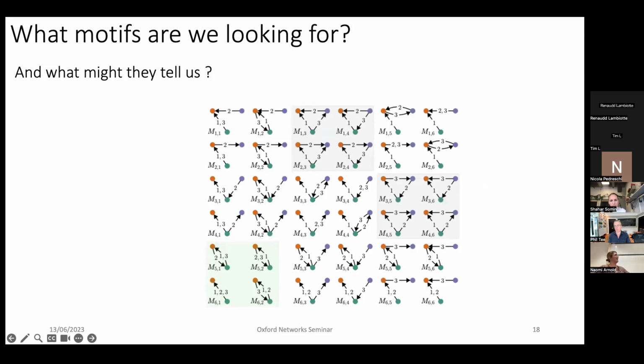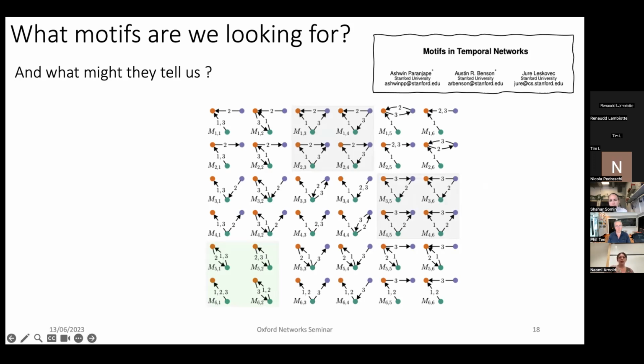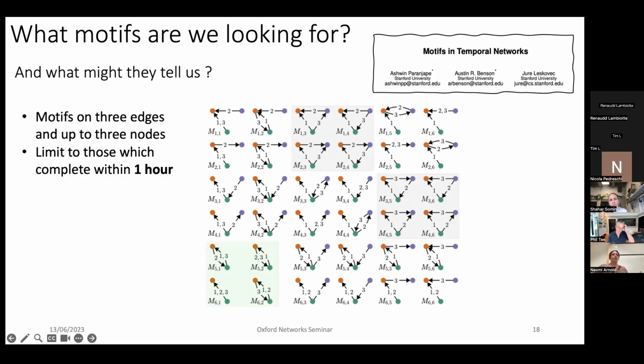Sorry, that might be a bit tiny, but there are 36 possible motifs when you account for all the different orders and combinations of edges on these. And the delta we use is 1 hour for most of the results here. If there's some time at the end, I can maybe show some justification on why that delta is used.